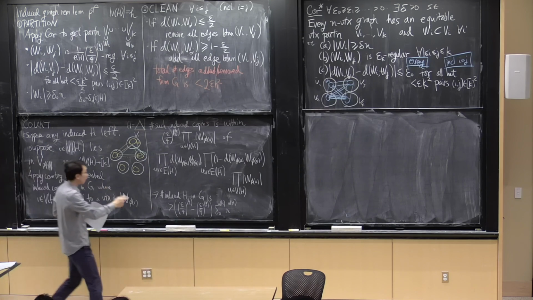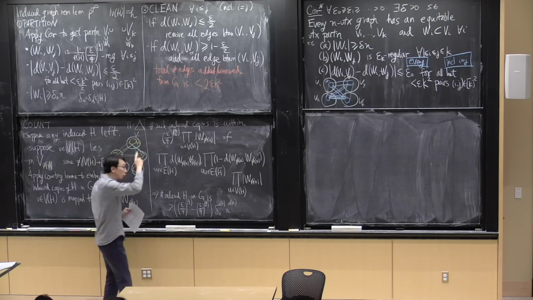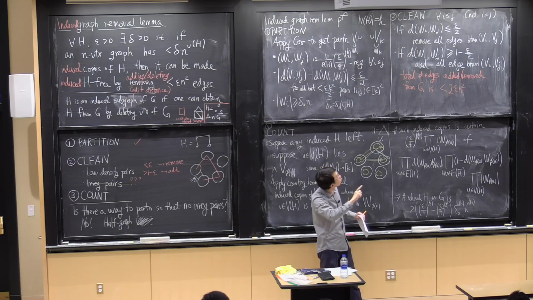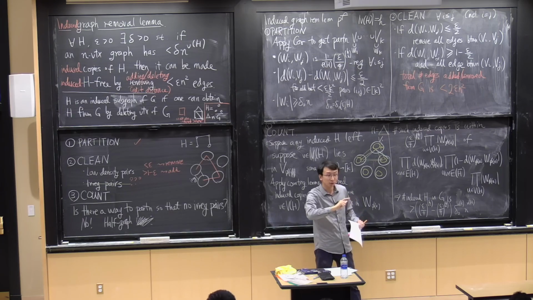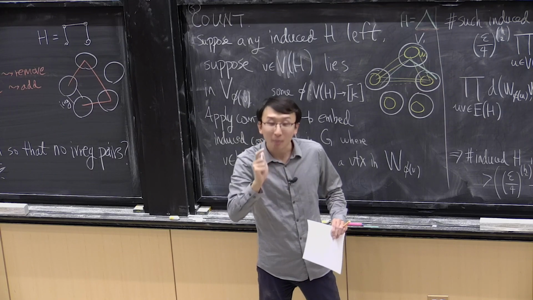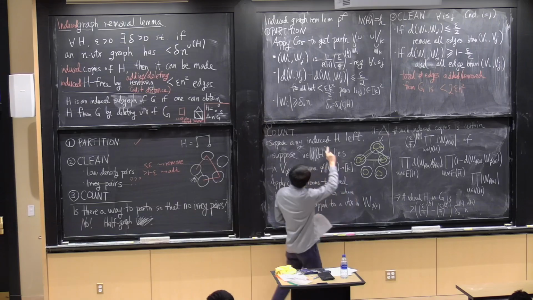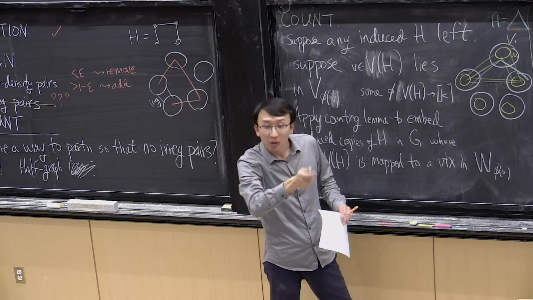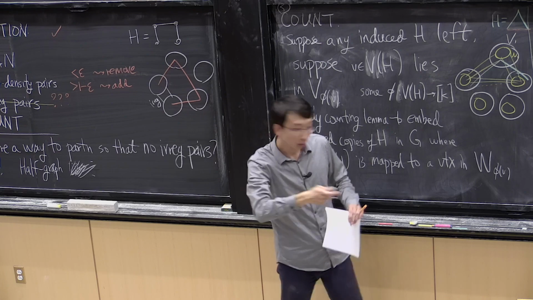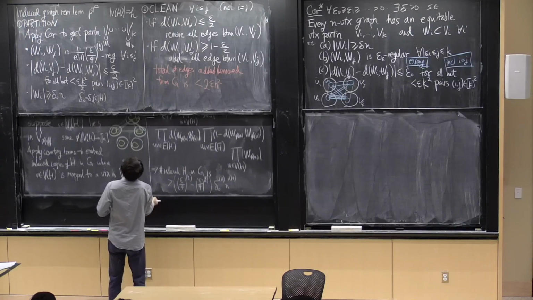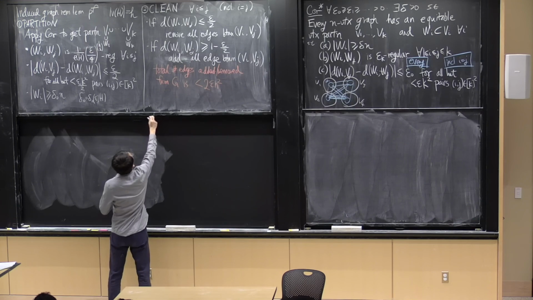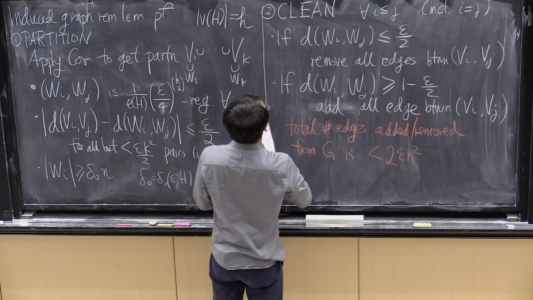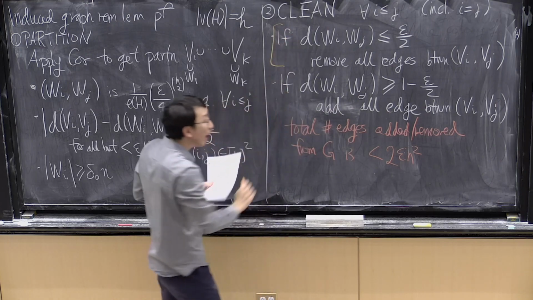So that comes up in the cleaning step, in what I wrote in red, in dealing with the total number of edges that are added or removed. Think about how many edges are added or removed in these non-exceptional pairs. Let's just think about added edges.